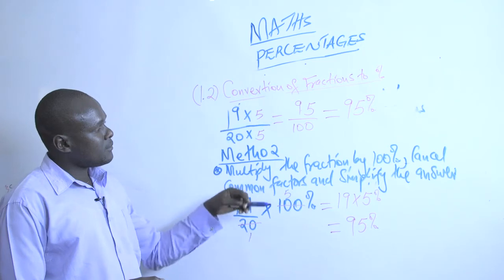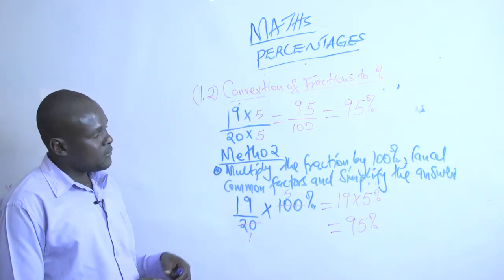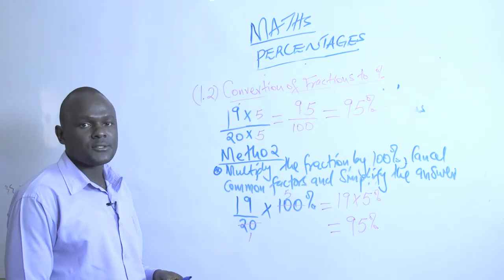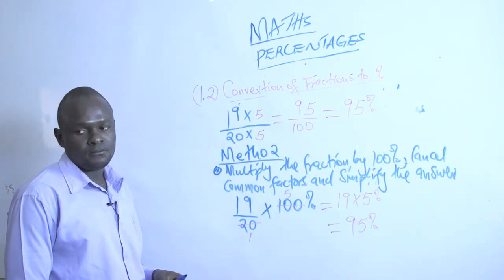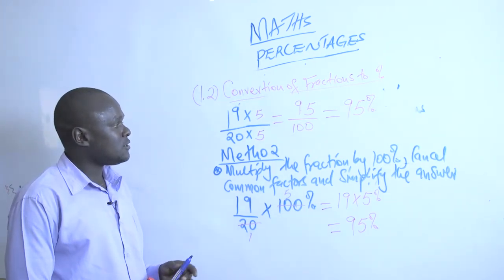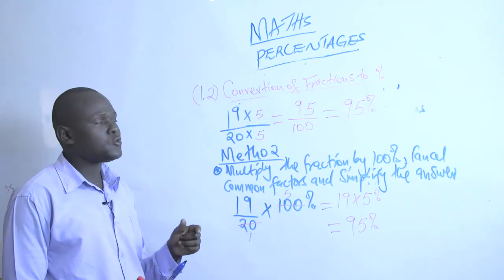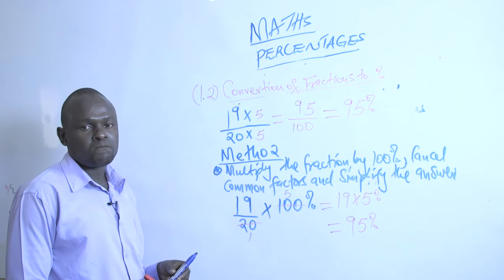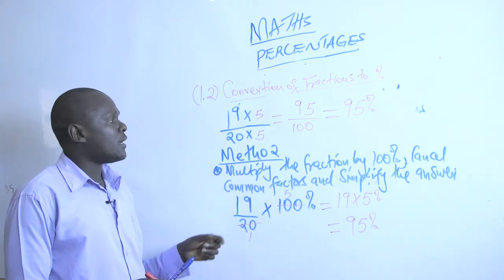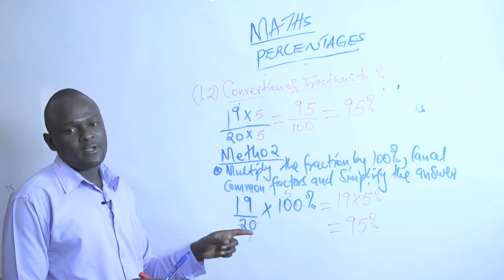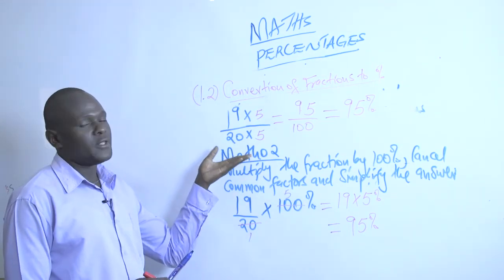But this first method that we have learned has its limitations. One of the limitations is that if 100 is not one of the multiples of the denominator, we cannot write an equivalent fraction to the given fraction.